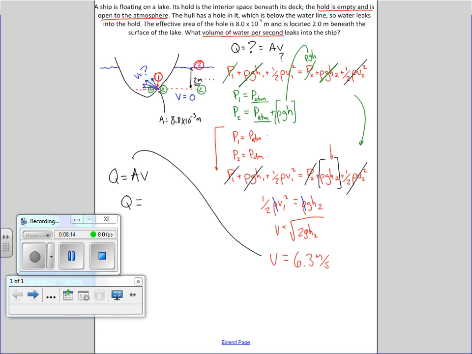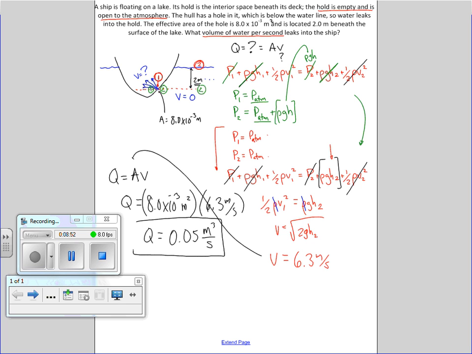So that gives us Q equals 8.0 times 10 to the negative 3 square meters, times 6.3 meters per second. So that's a Q of 0.05 cubic meters per second. There's your answer.